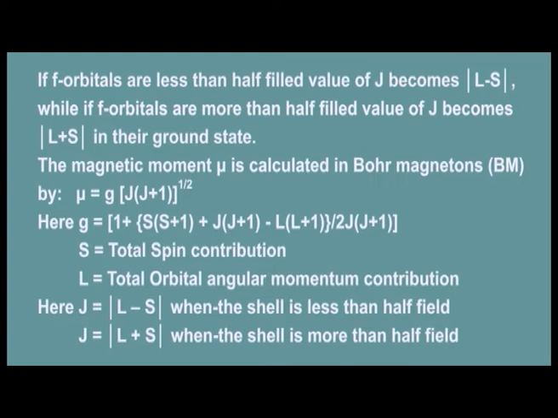Here S is the total spin contribution, L is the total angular momentum contribution, and J is L minus S when the shell is less than half filled, and J is L plus S when the shell is more than half filled. Elements containing 0 or 14 electrons in the f subshell are diamagnetic.